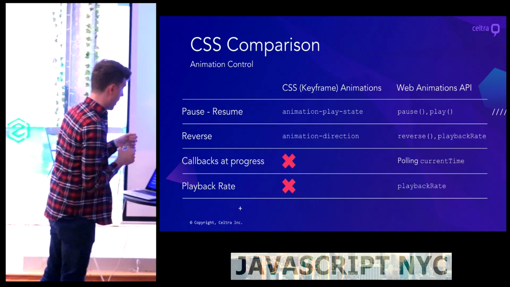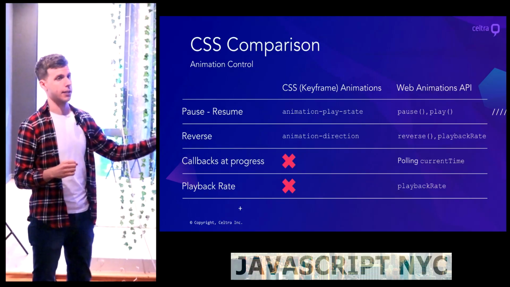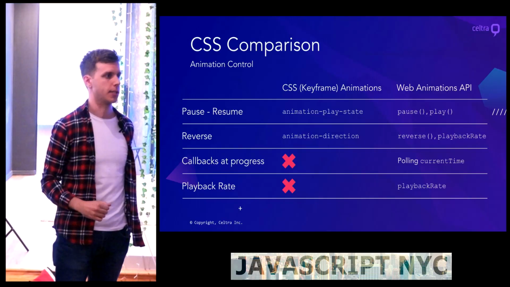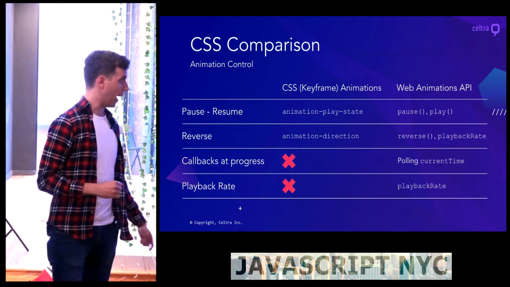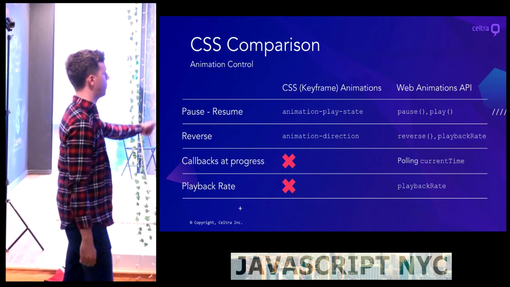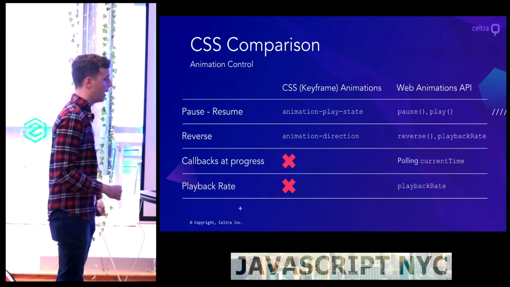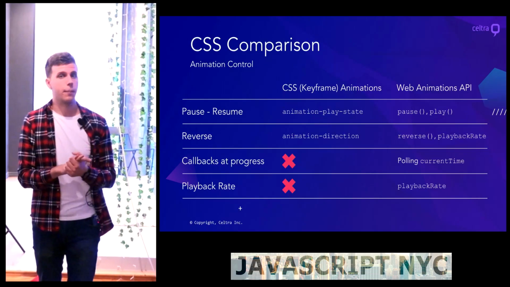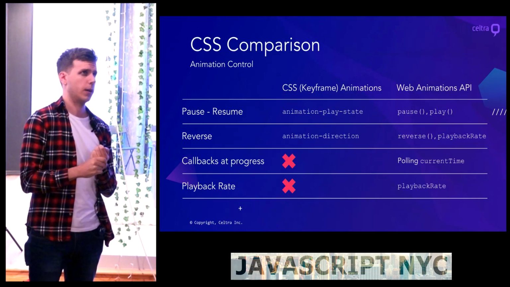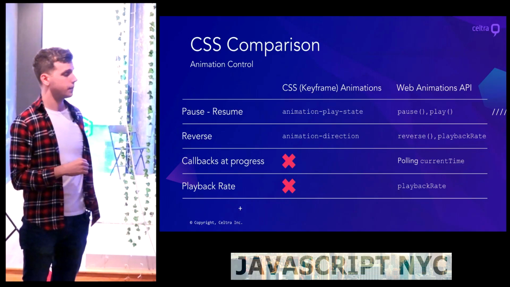Okay, I already mentioned some of the differences between the CSS keyframes animations and Web Animations API. And here is the entire list of them. So we can pause, resume, and reverse the animations with these two properties. But at the time when we were implementing this 1.5 years ago or so, these two properties weren't supported everywhere.